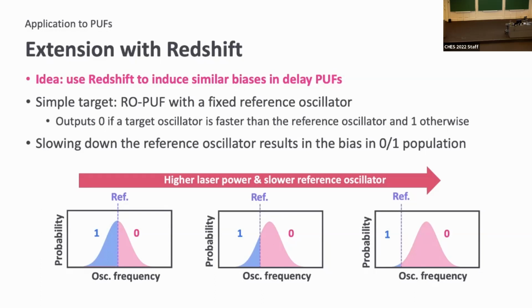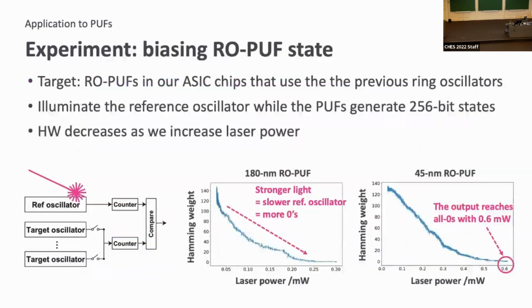The PUF generates a long response by repeating this with many target oscillators. If we slow down the reference oscillator with Redshift, then the threshold moves to the left and the PUF state has more zeros. We verify the attack with experiments.